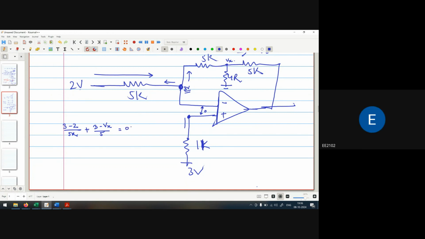If we are talking at this point, Vx minus 3 by 5 plus Vx by 4R, current Vx coming, minus current going, and current going. So Vx minus 3 by 5 plus Vx by 4R is equal to Vx minus V out upon 5.